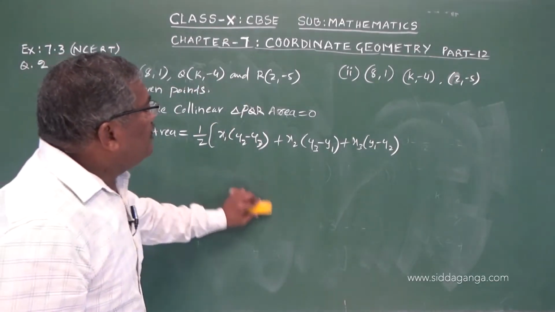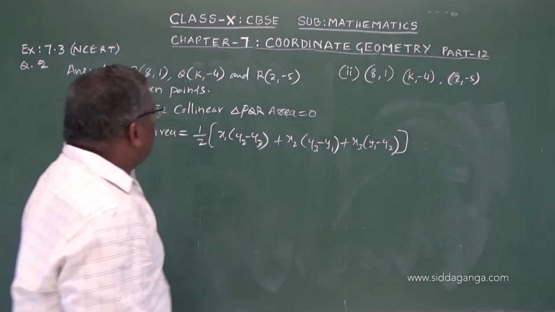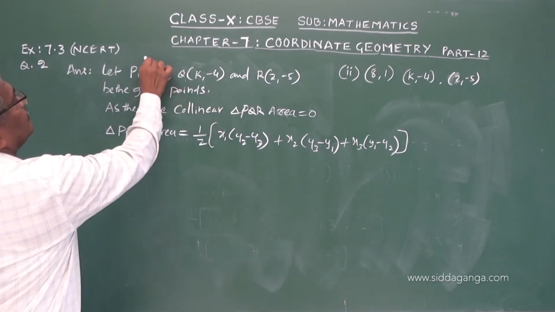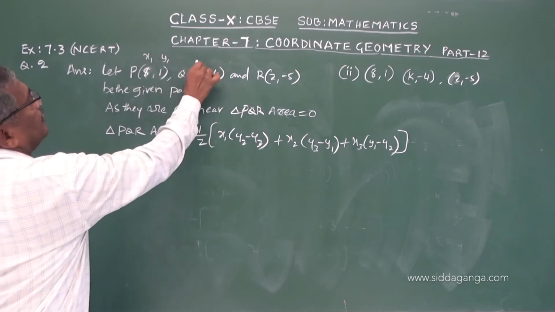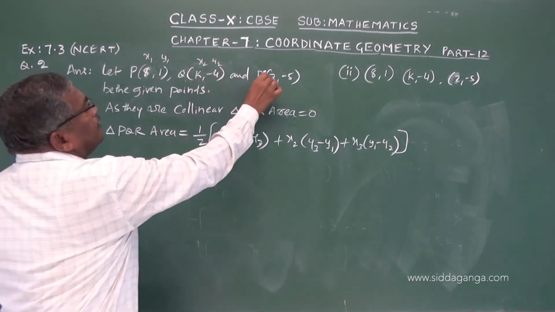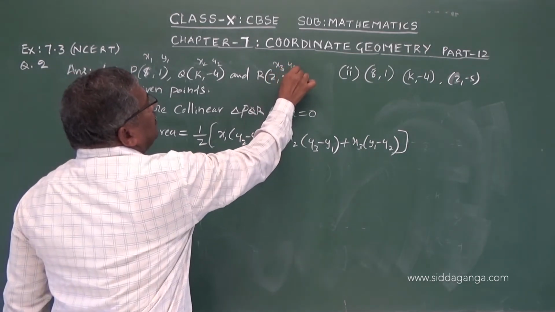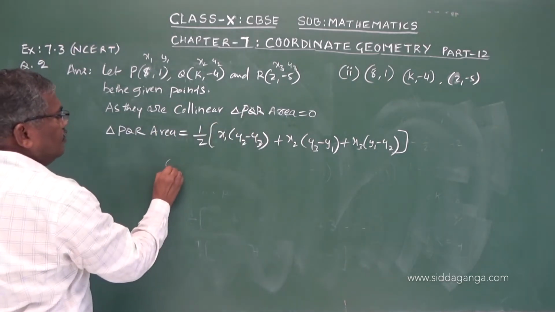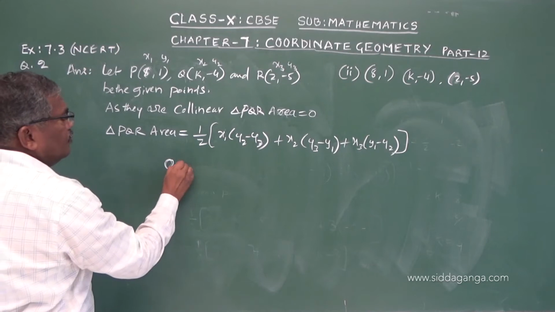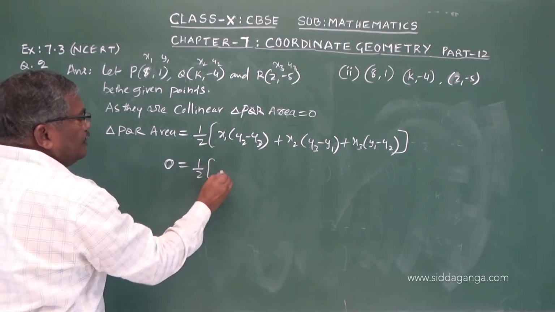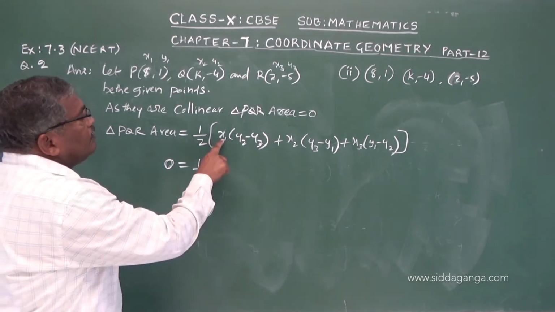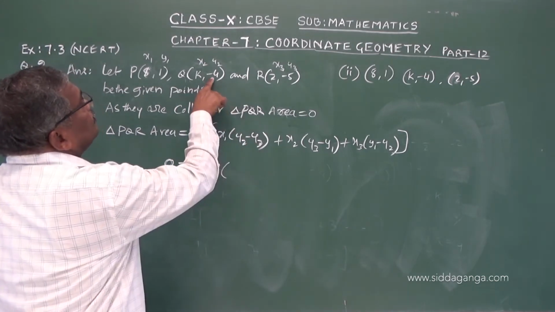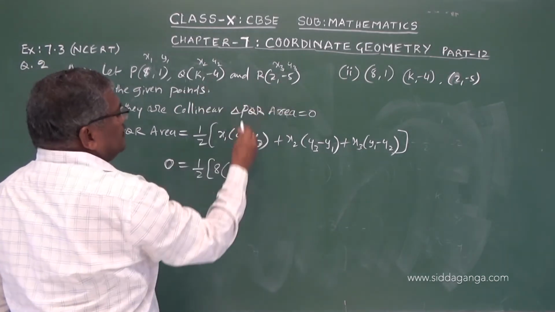So now close this bracket. In this case, this is x1 y1, x2 y2, x3 y3. Substitute the values carefully. As we know, area is 0, so 0 equals 1 by 2 into x1, which is 8, into y2 minus y3, so minus 4 minus of minus 5.